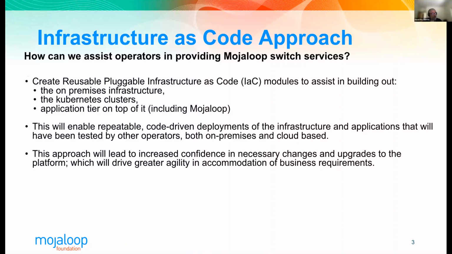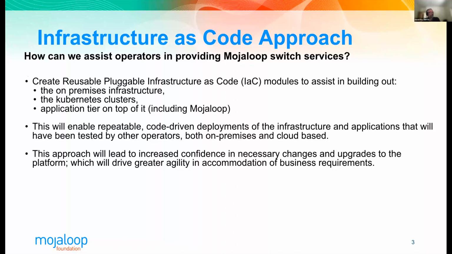But the whole approach should be pluggable in that sense, so that we don't preclude the maximum reuse of the work that goes into modules that are general purpose. And we are starting off with a bunch of assumptions about what we're building IAC for, and we're going to get to that in a following slide.